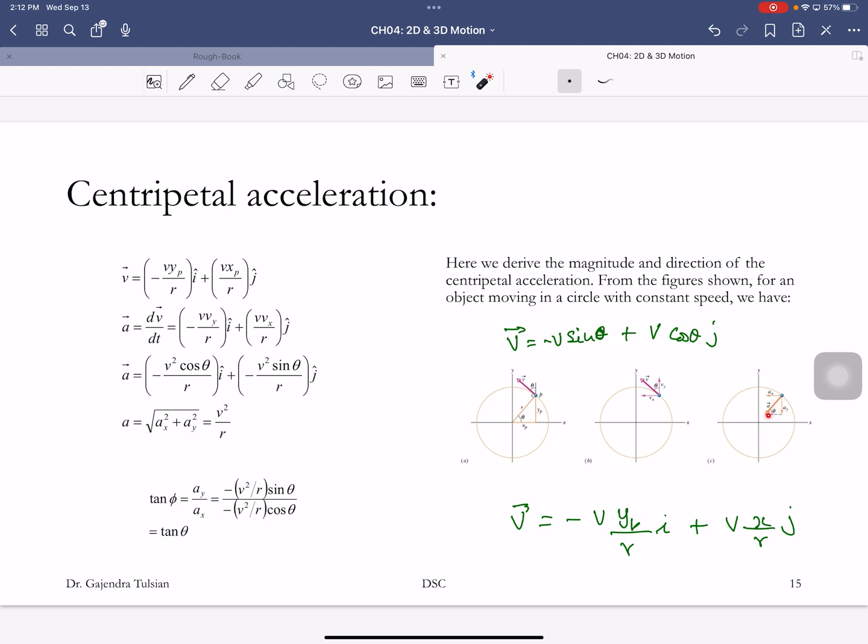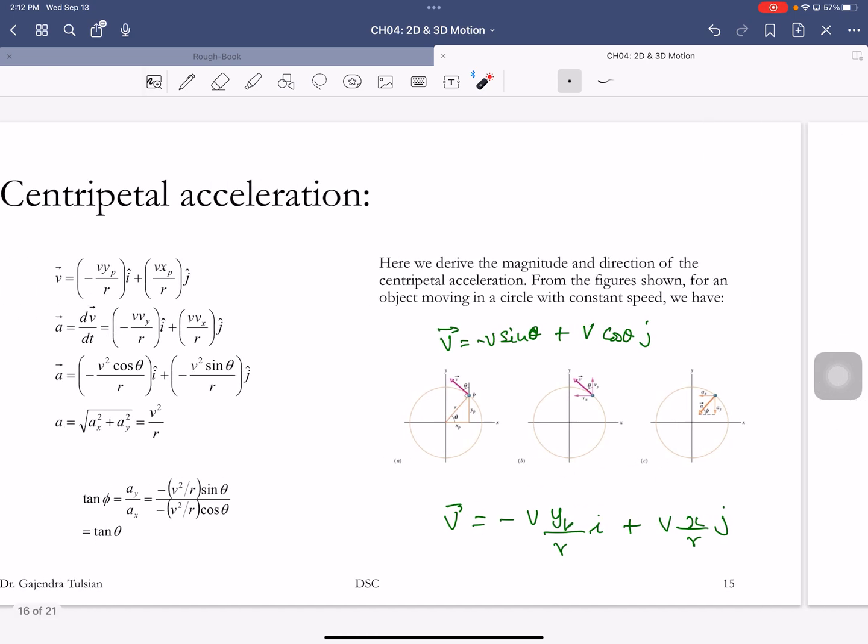If you calculate this angle phi, tan phi is that, which is equal to tan theta. So phi is equal to theta. So the acceleration vector is pointing toward the center. That's what this slide shows you, and you can go read it a little more carefully.